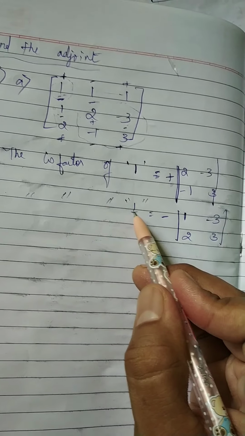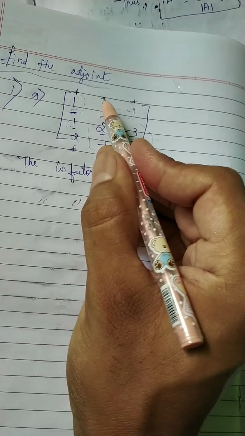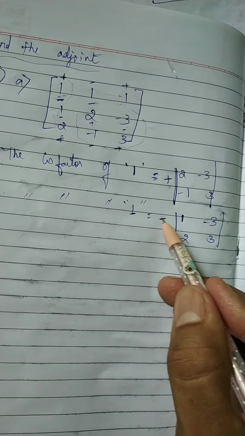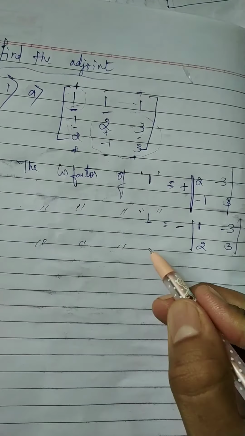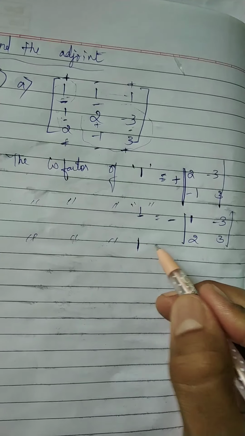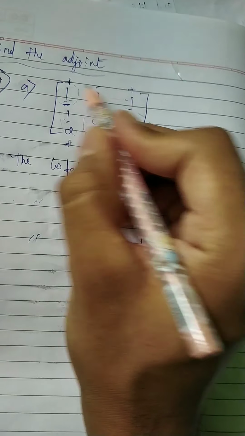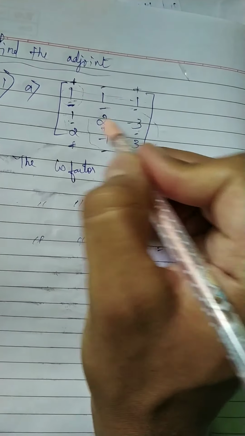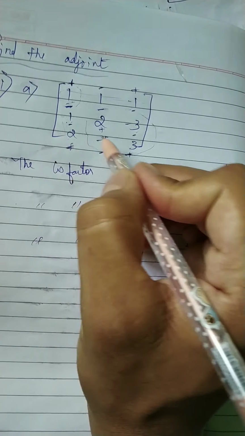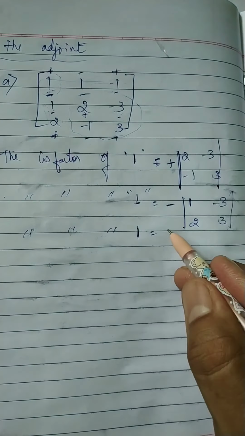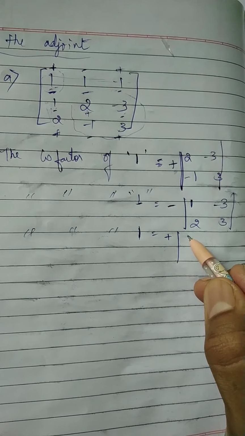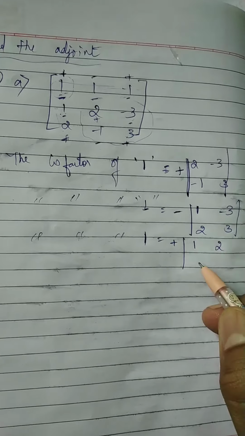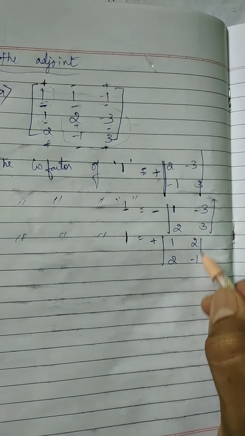Since we know that the sign for this particular element is minus, we have prefixed it with minus. Again, the cofactor of this 1: if you delete this row and this column, you are left with 1, 2, 2 and minus 1. The sign will be plus there.